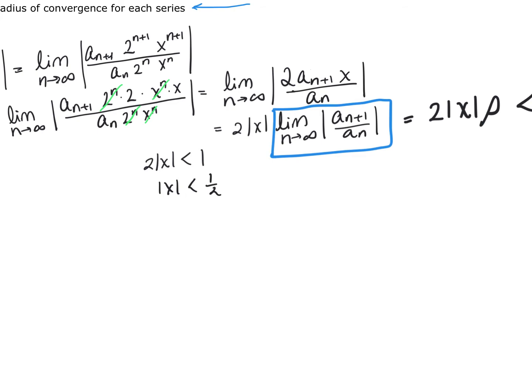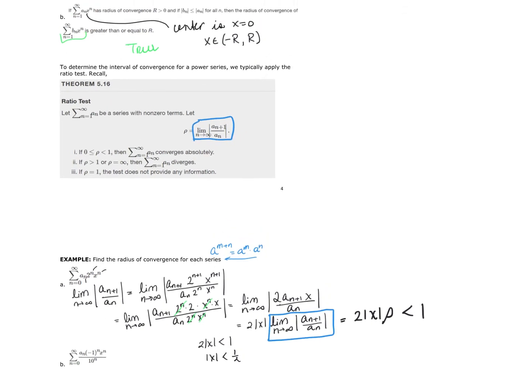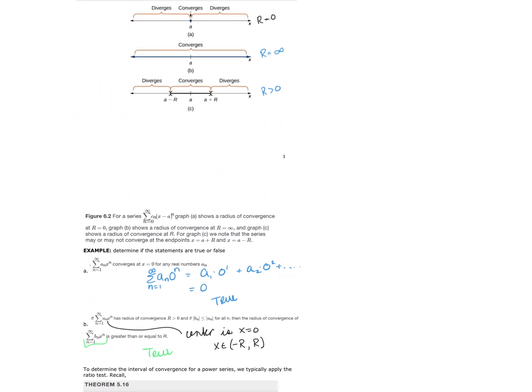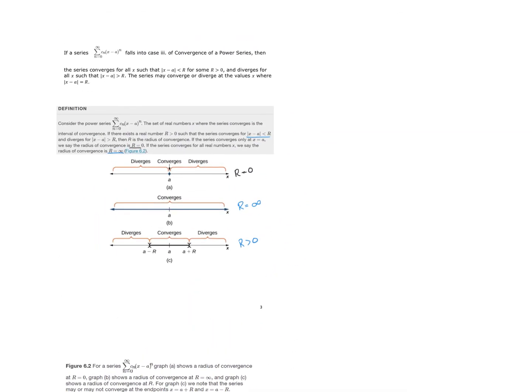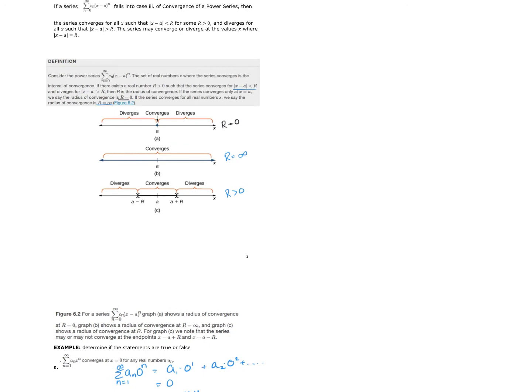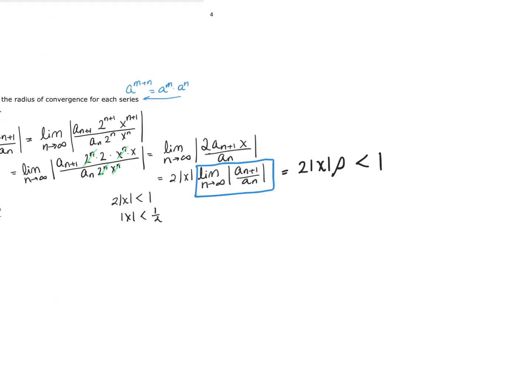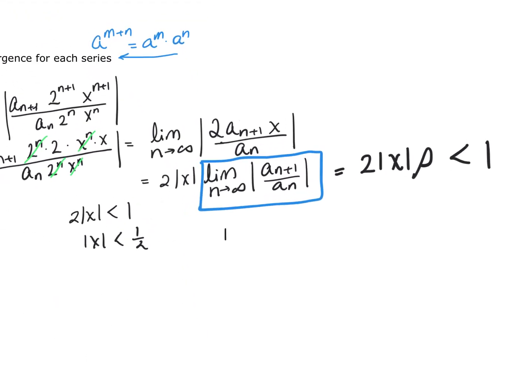But this goes back to my definition up here about my r. My absolute value of x minus a has to be less than r. So my absolute value of x minus a, well, my a happens to be 0 because my center is 0. This has to mean that my radius of convergence is equal to 1/2.